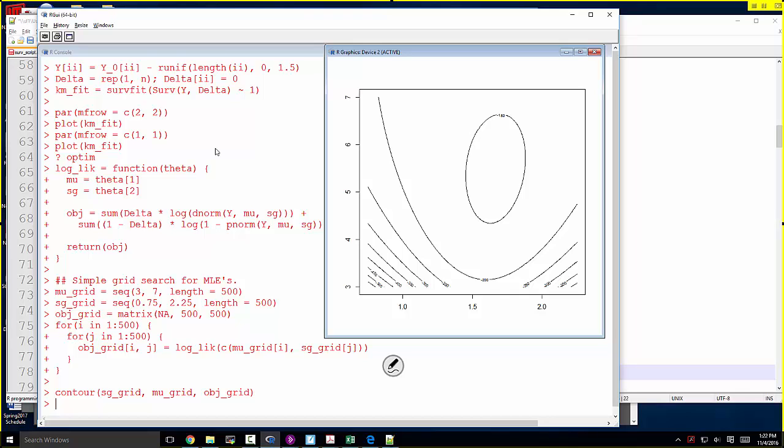That's where the highest values are, and then it's tailing away as you move away from that. I can't see with great precision, but the MLE would be somewhere right in the middle of this ellipse at the top of the hill. That corresponds to about 1.6 or 1.7 for sigma and about 5.5 for mu.